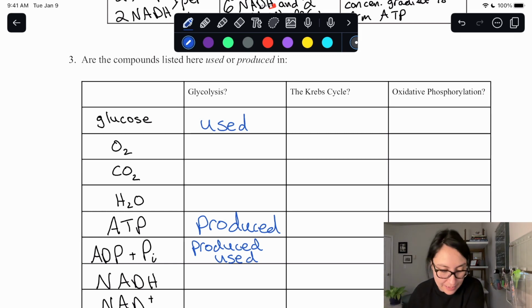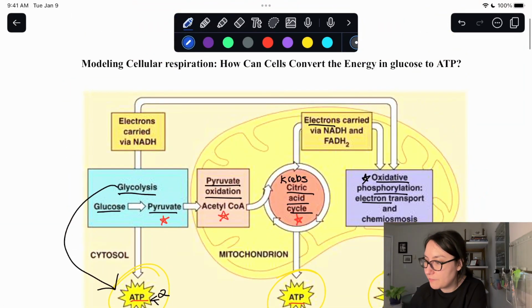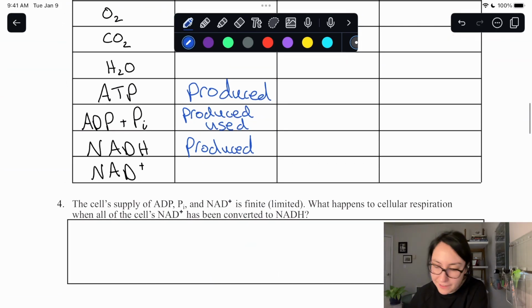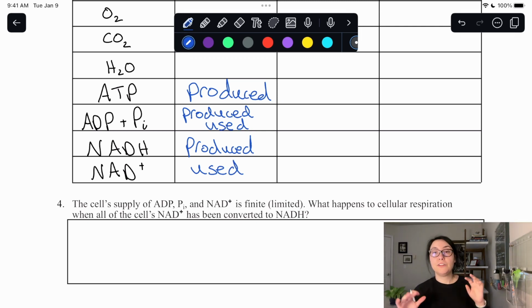So NADH is going to be produced. And again, that is because it's going from the glycolysis into pyruvate, where it is then sent into that Krebs cycle. Okay? And finally, the last thing is used. And as I was saying earlier, knowing when you take away and add a hydrogen proton is basically how this is all balanced out.